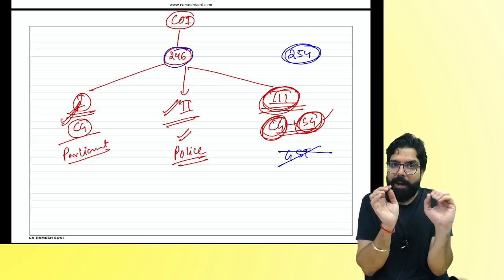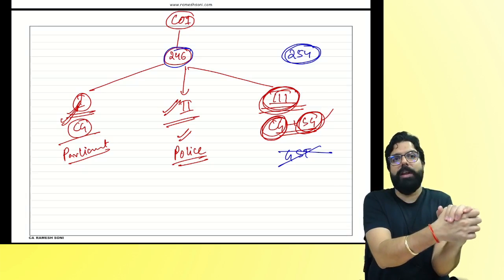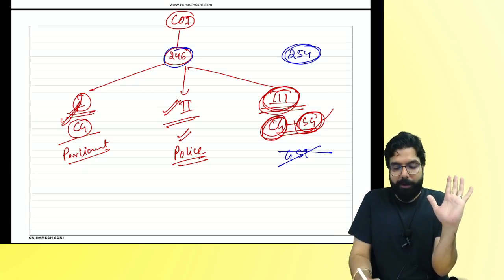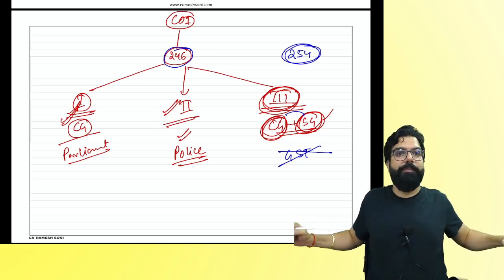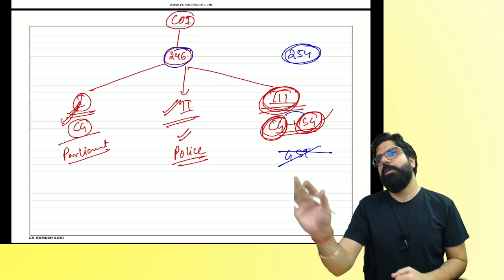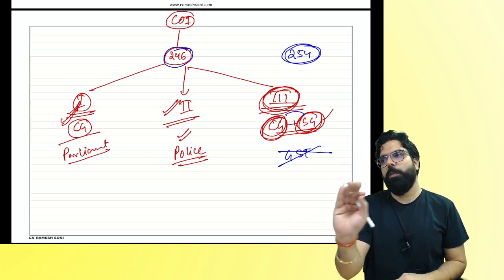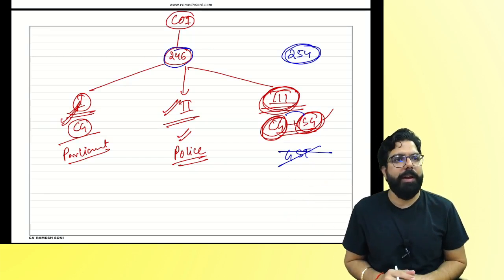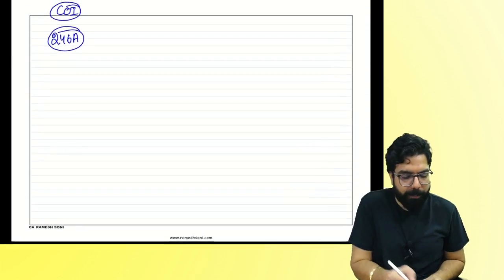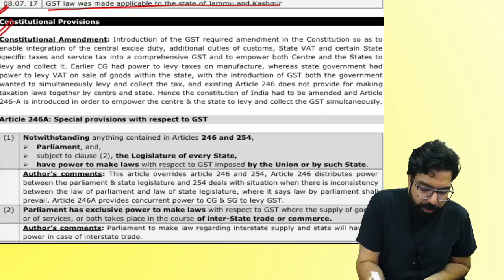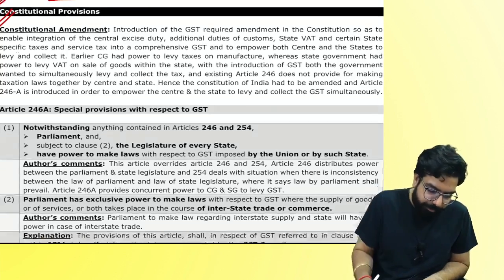List number 3, whatever items are there, both governments will make together. But any problem between both governments, whose law will prevail? Center. The state governments told, no senior, no junior effect over here. We want both governments to be equal. Are we clear? And hence they introduced what, everyone? Article 246A. That is what we are going to talk about here.